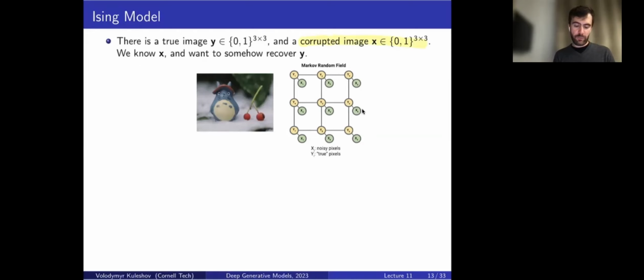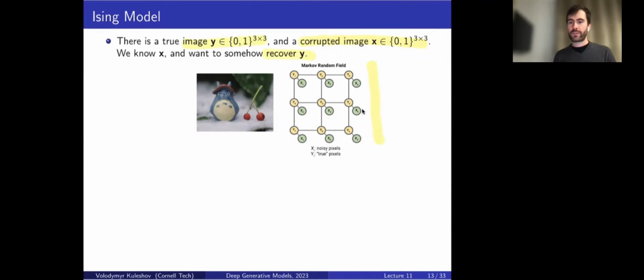In this example, I have a 3x3 image. Therefore, x is a 3x3 grid of binary variables. That's what I observed. And I assume that x is some noisy or corrupted version of a true image y. And our task is to recover y given x.